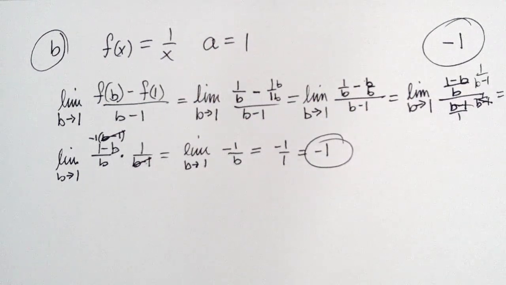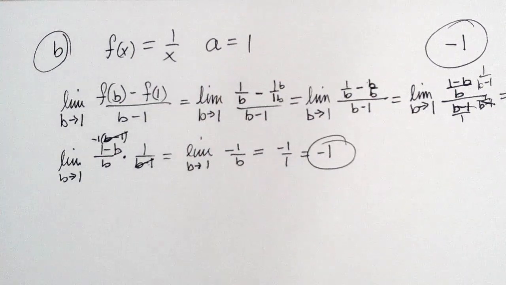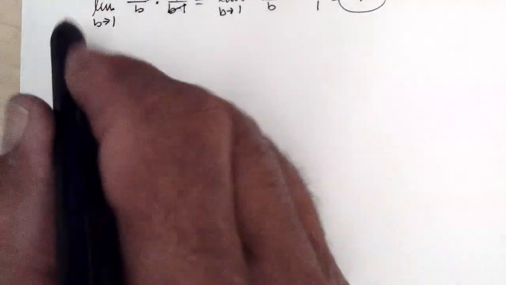Okay? So I did it with one of the methods, and in class I did the other one with the h, and it gives you minus 1.